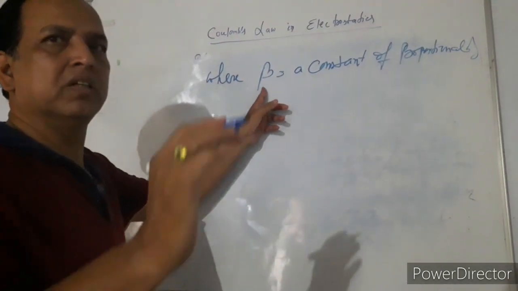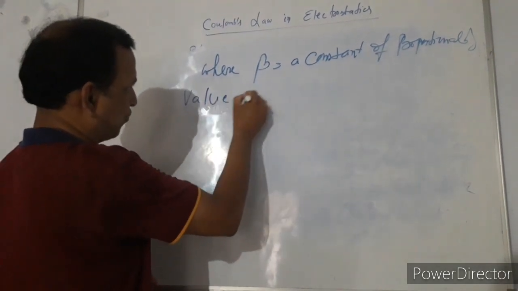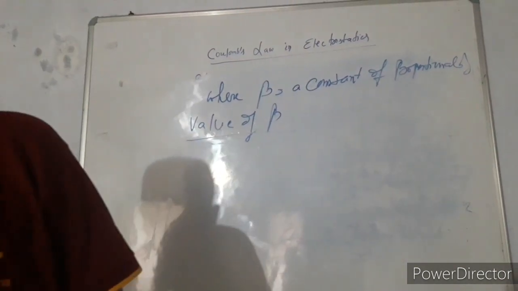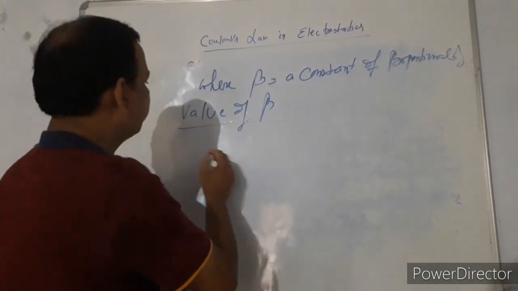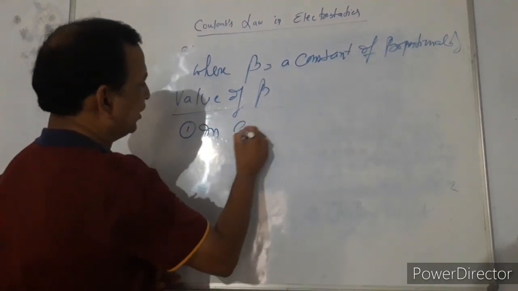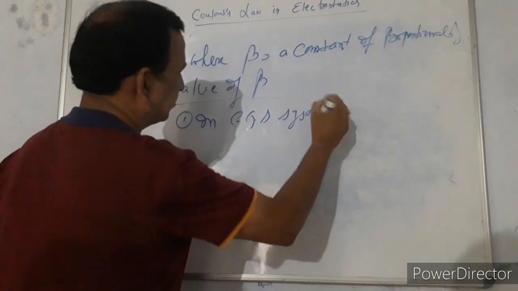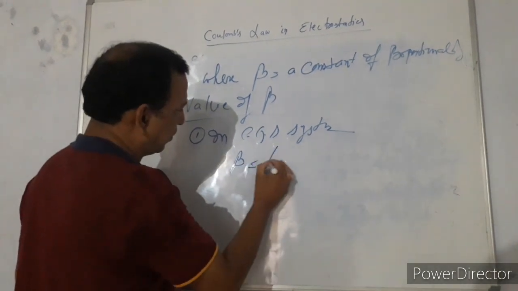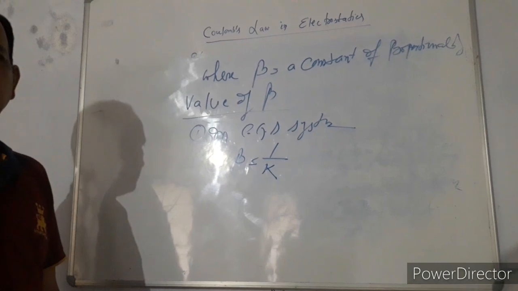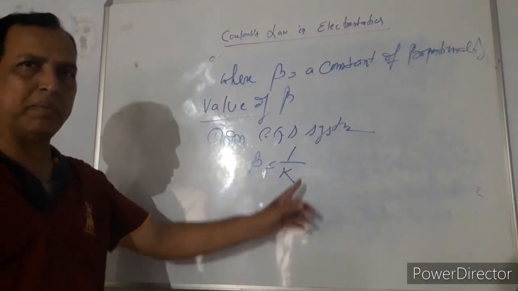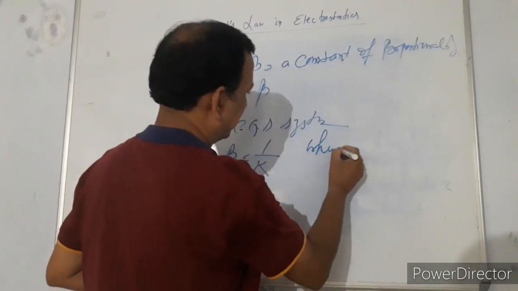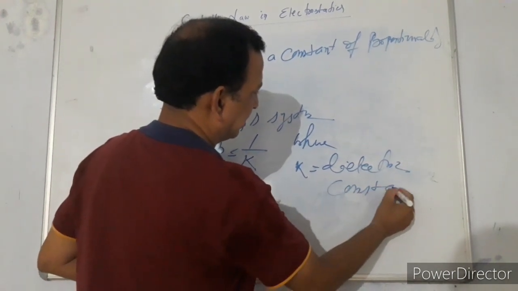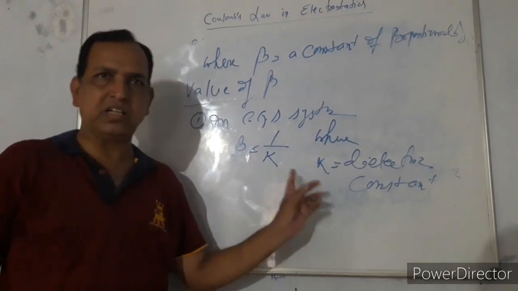Now, the value of beta. In the CGS system, which is the ESU, electrostatic unit, beta is equal to 1 by K, where K is the dielectric constant.